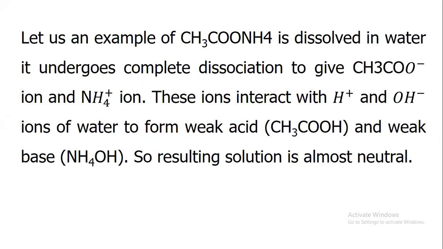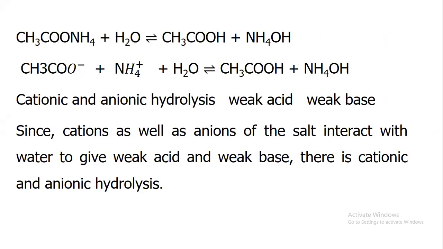Let us see an example of ammonium ethanoate. When dissolved in water, it undergoes complete dissociation to give ethanoate ion and ammonium ion. These ions interact with hydrogen ions and hydroxide ions of water to form weak acid and weak base, so the resulting solution is almost neutral. Ammonium ethanoate reacts with water and forms ethanoic acid and ammonium hydroxide.